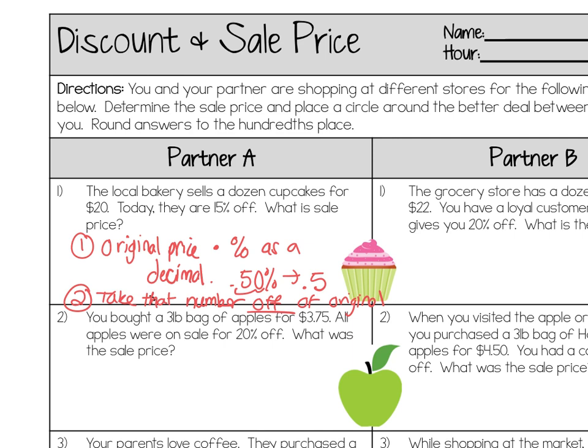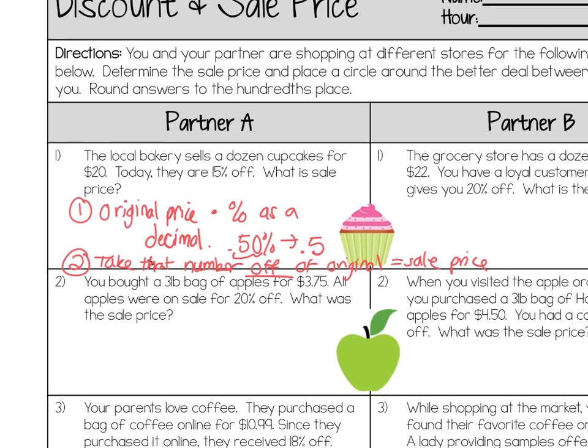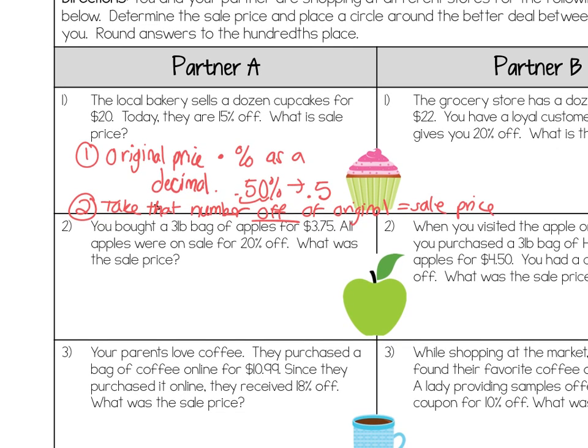So once you get that number, taking the original price of your product and timesing it by the percent as a decimal, you're going to take that number off of your original, and then you will get your sale price, okay? So let's look at an example. I filled that in for the first example as how to do it. Okay, so this is how you solve the problems. Now let's try it out in the next couple problems.